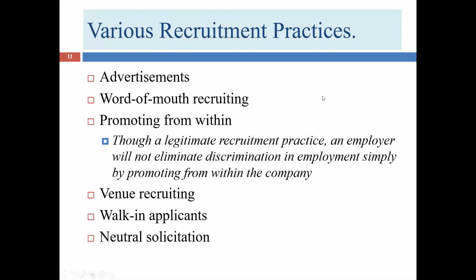Another thing to think about is venue recruiting. This oftentimes happens on the college campus, but it doesn't just happen on the college campus. There may be job fairs or other types of events where you can recruit people, and so that can be an important thing. Where are you going to recruit? And this can be an opportunity to diversify your pool.